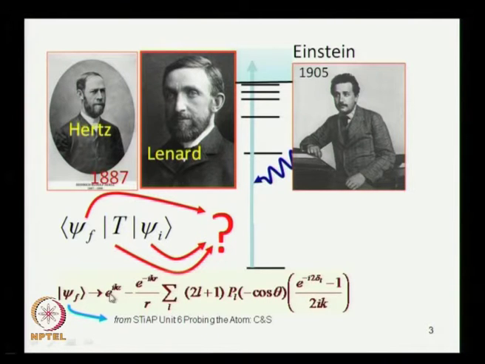If you use psi f without ingoing wave boundary conditions, you will not get the correct answers for the photoionization problem. So, that is the reason that I discussed the ingoing wave boundary conditions before we came to this topic.